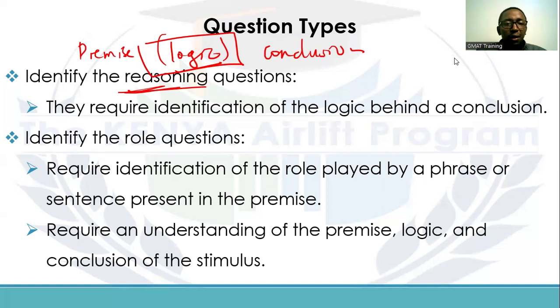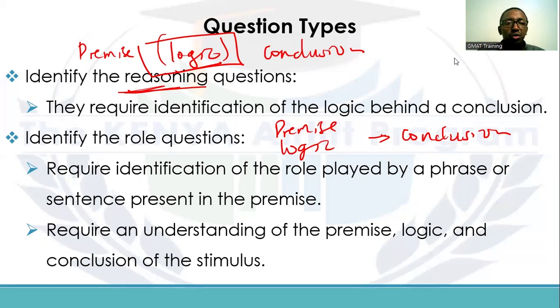Knowing the interactions of these three things, the premise, the logic, and the conclusion, and how to play around with them, what the question needs you to do to these three, will be a key ingredient in being able to solve any critical reasoning question that comes your way.